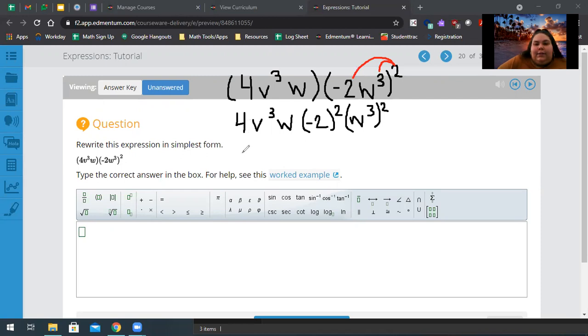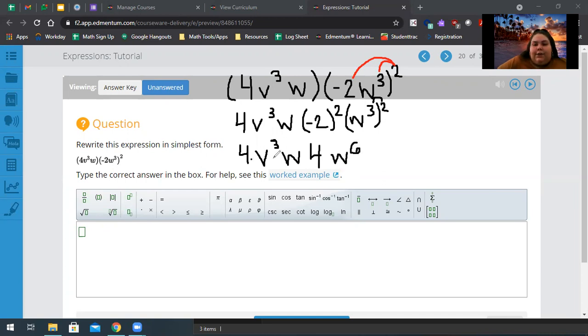Nothing happens to this 4, so we'll leave it like that. v to the third power. Then there is w. Now negative 2 to the 2 power, that's negative 2 times negative 2. That should give us 4. And to distribute this 2 into the 3, we need to multiply. So 3 times 2 is 6. So we have w to the 6th power.